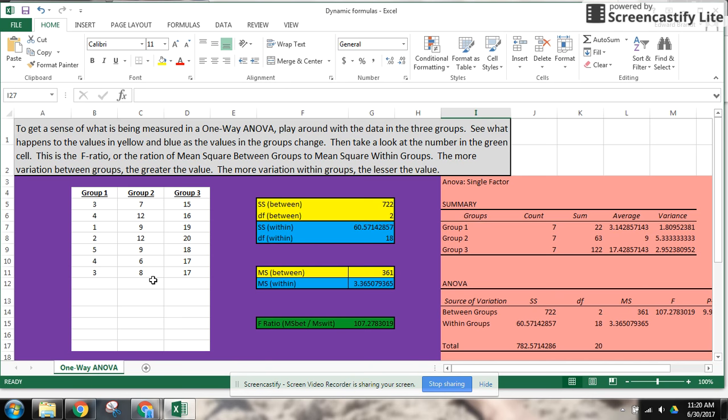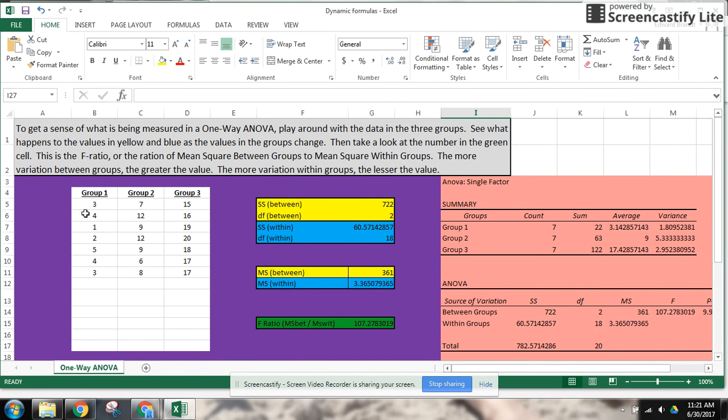If you take a look at this set, we have it set up so that at first glance, in group one, most of the numbers are on the low end of the single digits. In group two, the numbers are in the upper end of the single digits, or in fact double digits here with 12. And in group three, they're all clumped between 15 and 20.